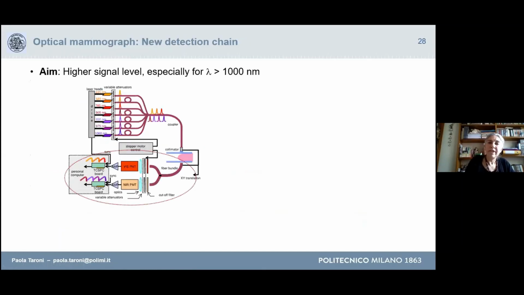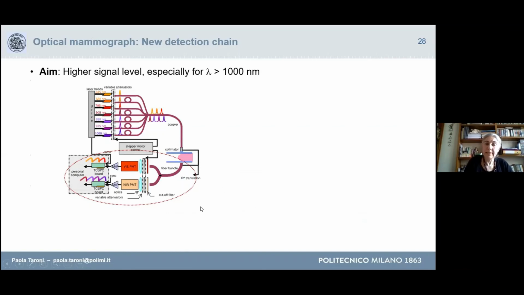For that, we are using the optical mammograph, where we have upgraded and improved the detection chain, because we wanted to achieve a higher signal level at long wavelength, especially because long wavelengths are important for collagen quantification.